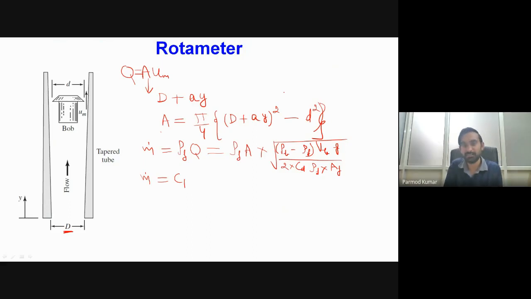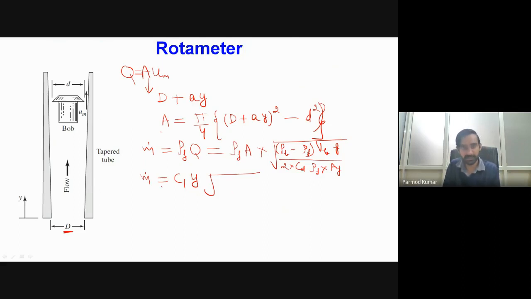So I can consider all other parameters constant and simply write that the mass flow rate is C1 times y into the square root of the remaining terms, and this y is included in order to account for the taper of the tube.